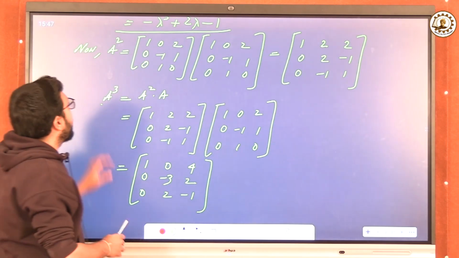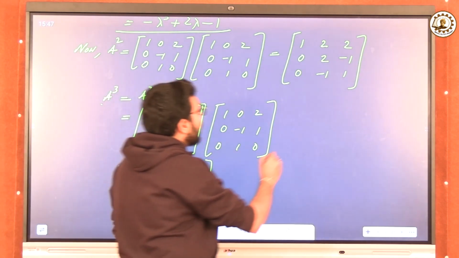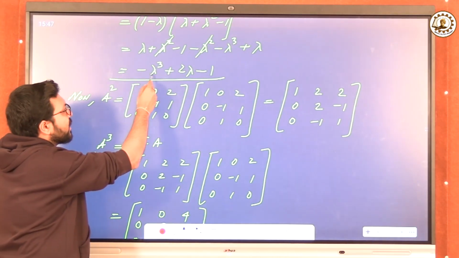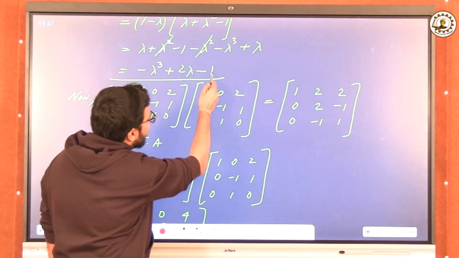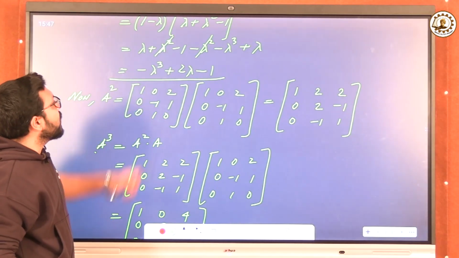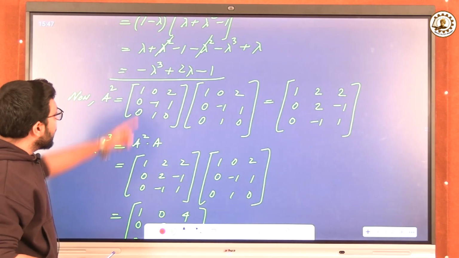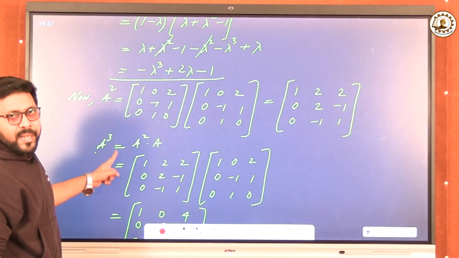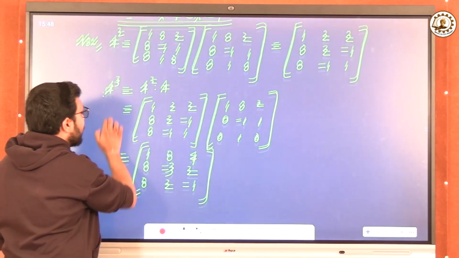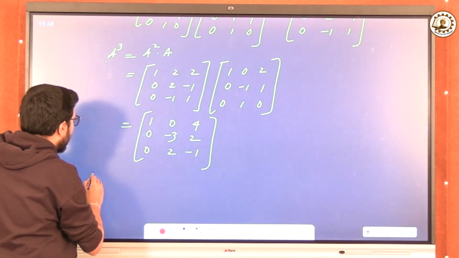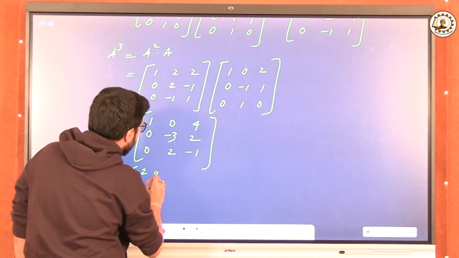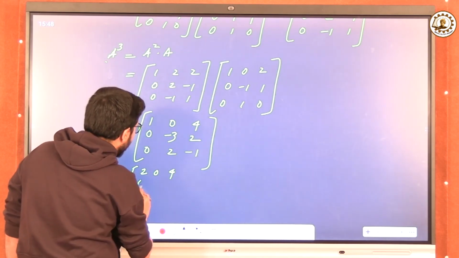Next, twice of A. Let's calculate twice of A, because you see the expression is minus of lambda cube plus 2 lambda minus 1. As I was telling you, we are supposed to substitute A in place of lambda. That is why we already have calculated A cube, and accordingly we are supposed to calculate twice of A. So let's just calculate twice of this matrix.